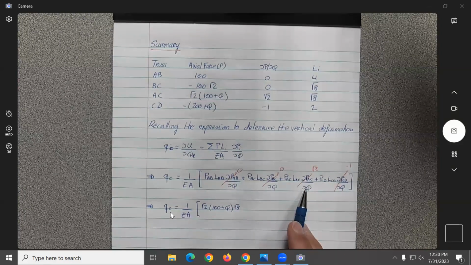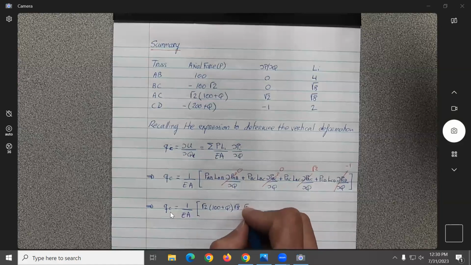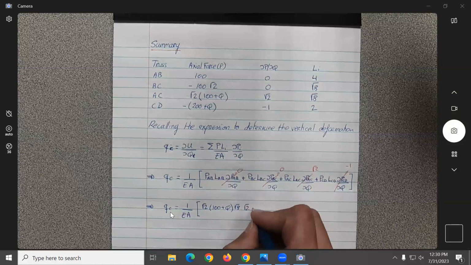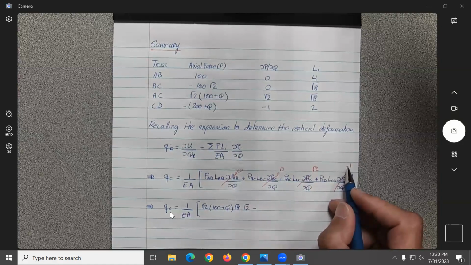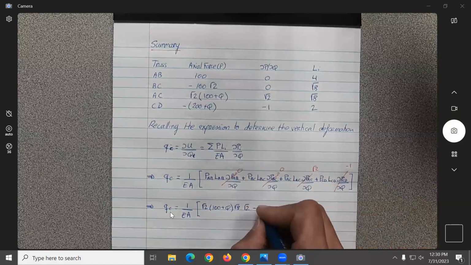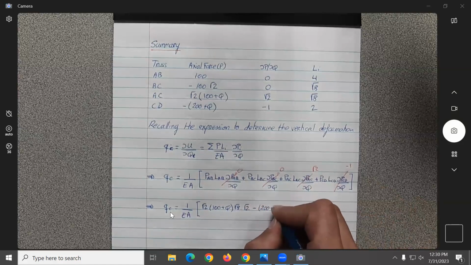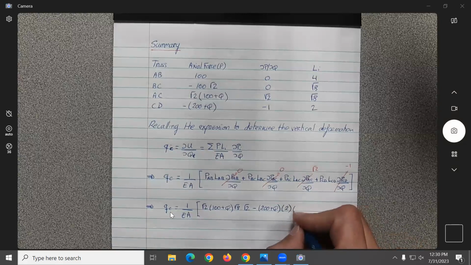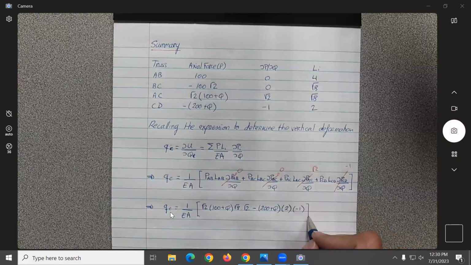Times what? Square root of 2, no? This will be square root of 2. Now we do the last one, PCD. PCD will be minus, and this will be minus 200 plus Q times LCD, which is 2, and partial of PCD over Q will be -1. So we have this.